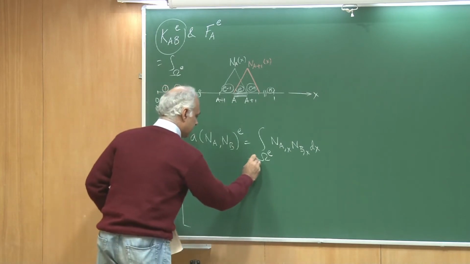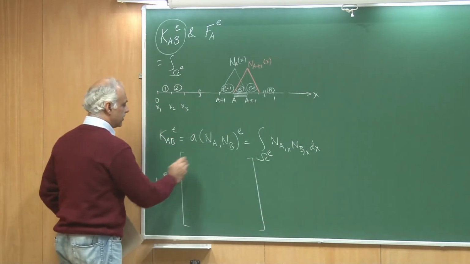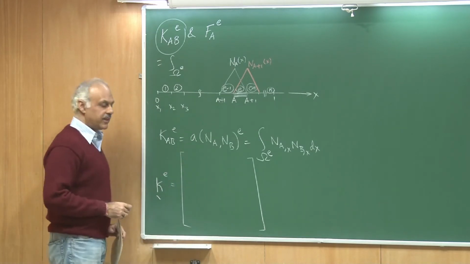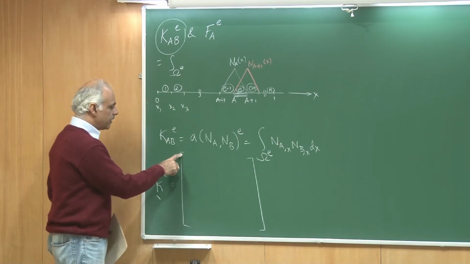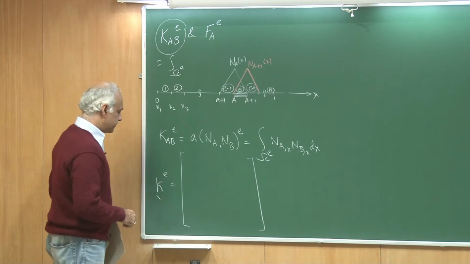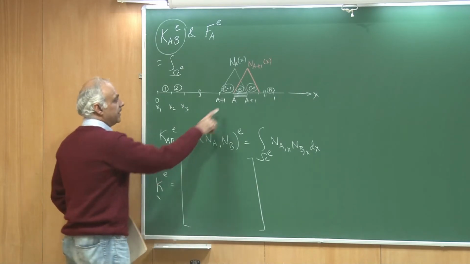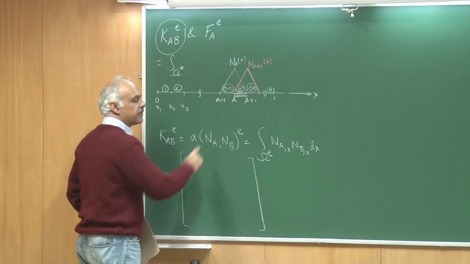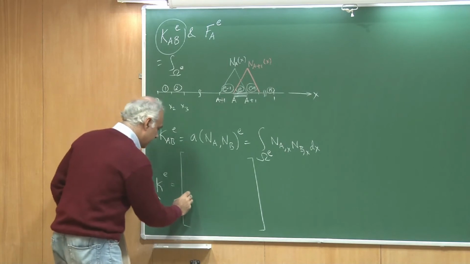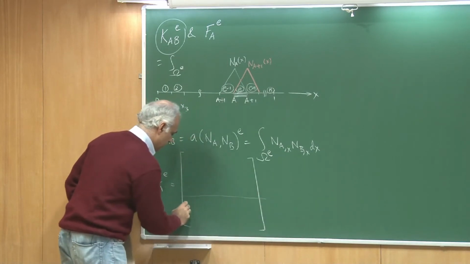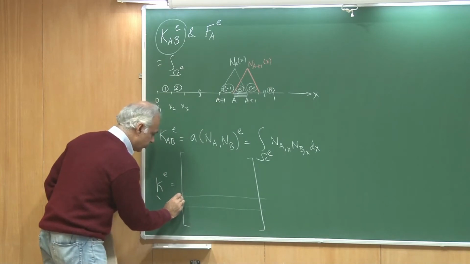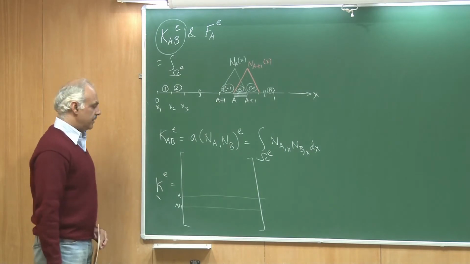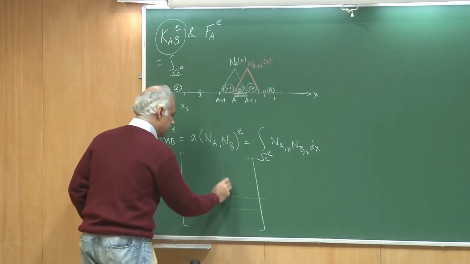So, the matrix K would look something like this. These are the rows and the columns. Each row corresponds to a certain value of A. So, the first row would be A equal to 1, A equal to 2 and so on. I am at element E. So, at element E, the participating nodes are A and A plus 1. So, let me therefore look at these two rows. This is row A and this is row A plus 1. Similarly, I will look at the two columns.